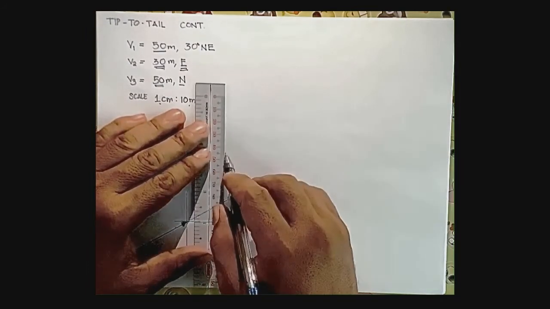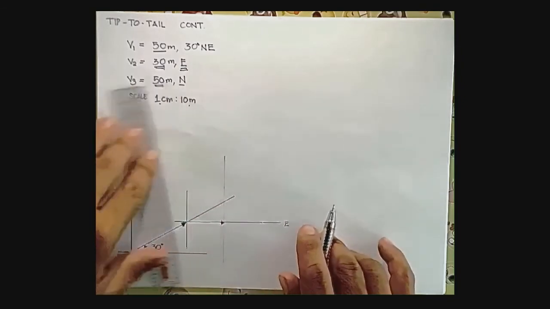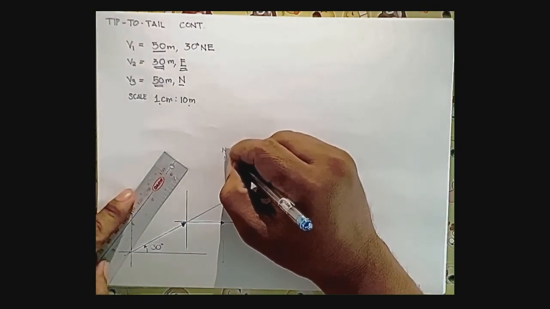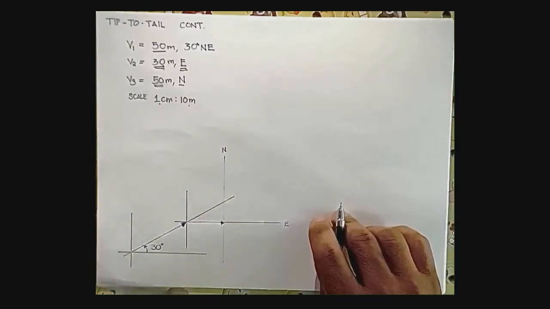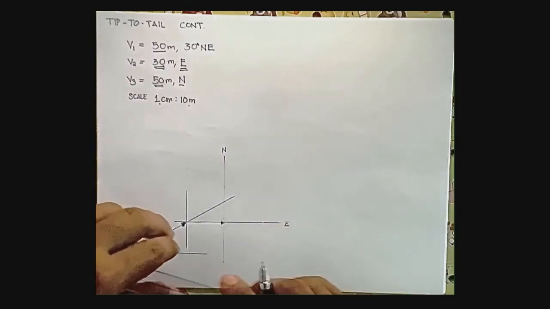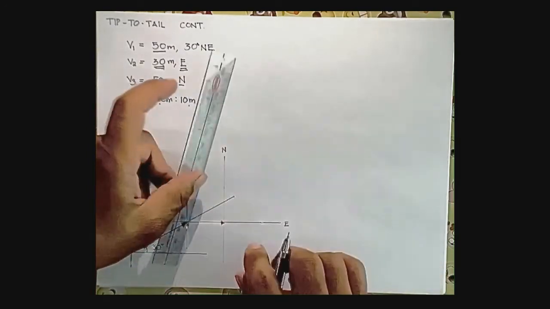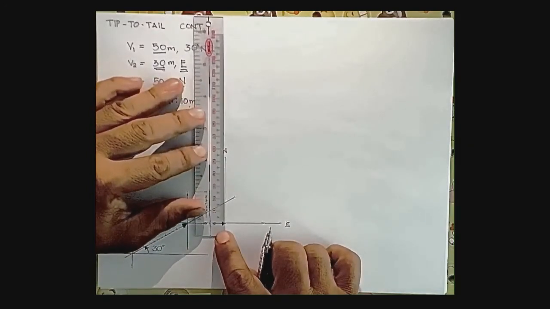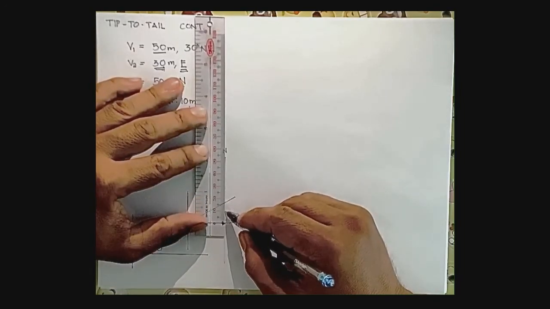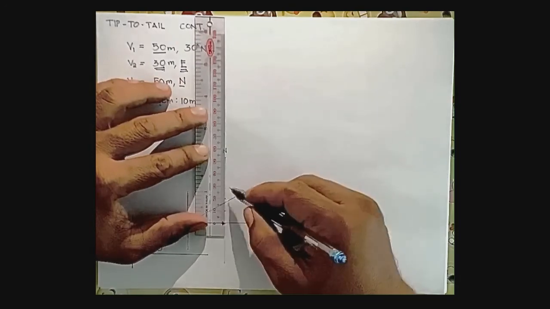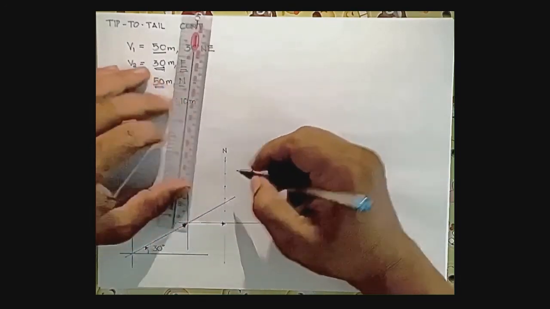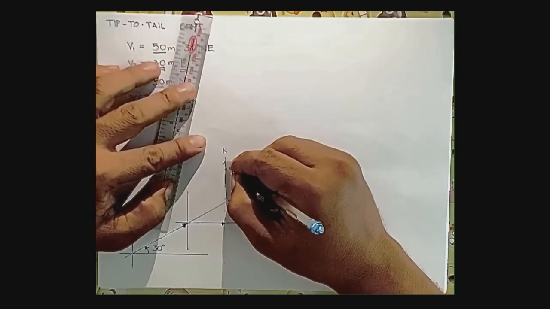So we'll just be drawing a line going to north. All right. And then we will measure 50 meters. So let's plot that out. We will be counting 1, 2, 3, 4, 5. So that is 5 centimeters.